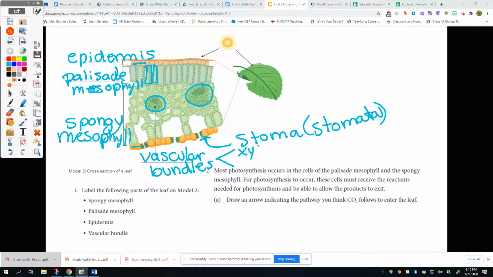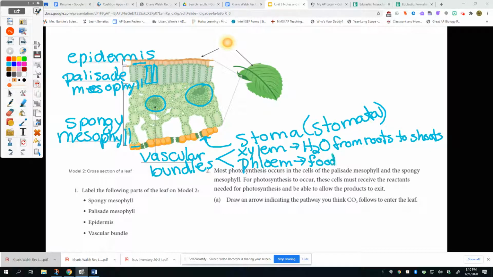There's xylem, which transports water from roots to shoots, shoots being the leaves and the branches. And then there's phloem. Phloem transports food, notice the alliteration, phloem, food, from shoots to roots.